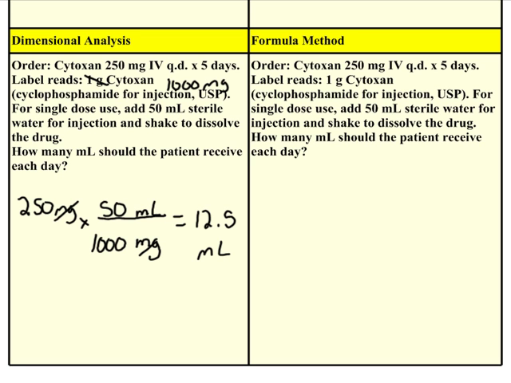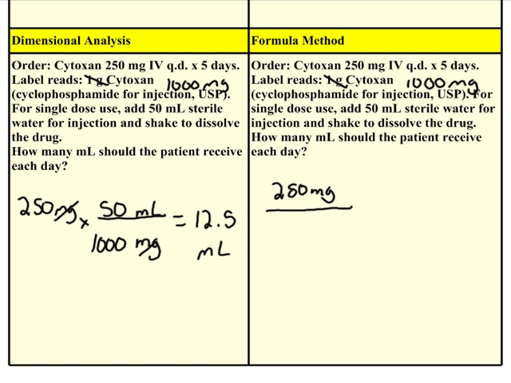The final method to do this calculation is the formula method. We will put the doctor's order of 250 milligrams. We need to divide that by what's on hand. As you can see from the problem, it's giving us the label in grams, so we're going to want to change that to milligrams so that it matches our order. We know by definition that 1 gram is equivalent to 1,000 milligrams.